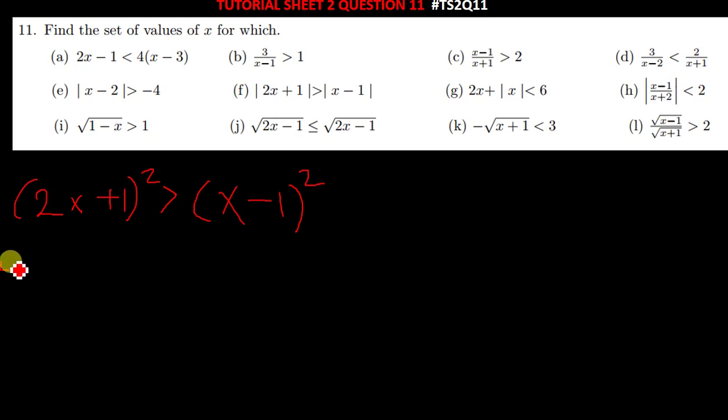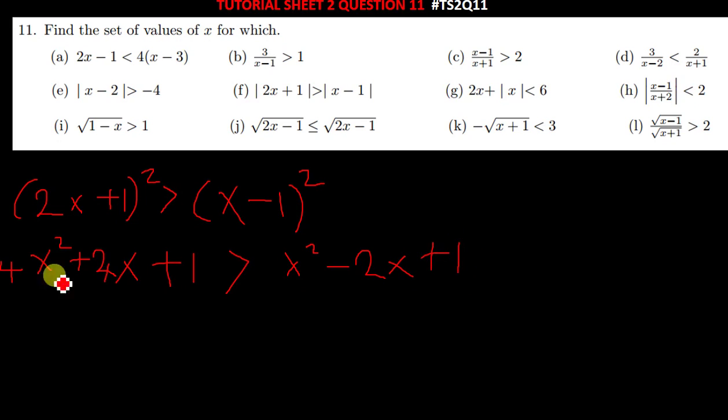So here we have 4x squared plus 4x plus 1 being greater than x squared minus 2x plus 1. So here we pair the like terms. We have 3x squared this side, then we have 6x, and then this one goes to the other side of the equal sign. We have 0.